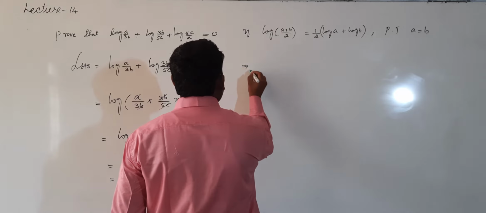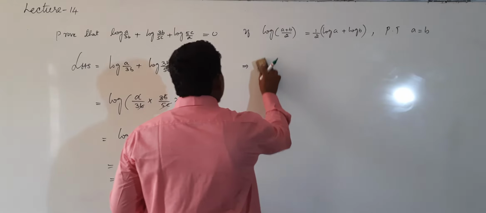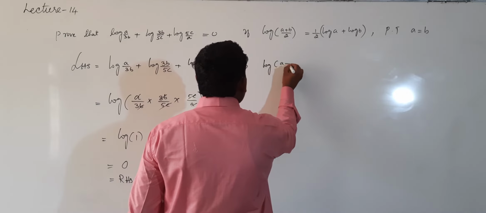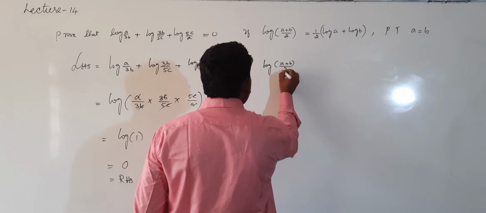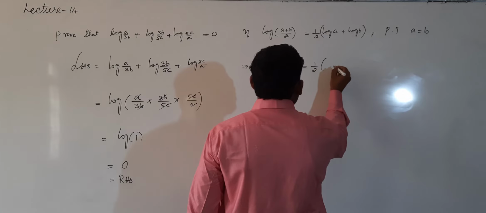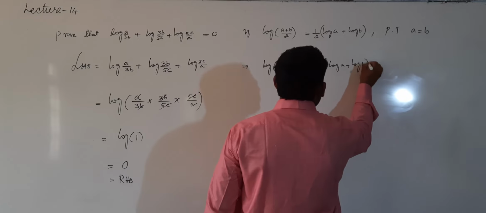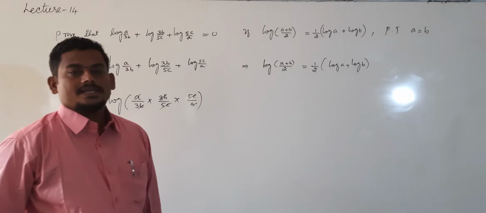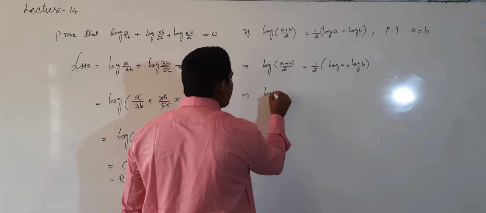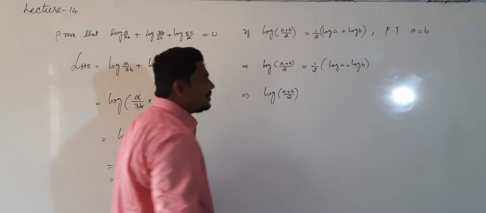Consider the given expression. What is given? Log of (a plus b) divided by 2 equals 1 divided by 2 times (log a plus log b). Use the logarithmic property. LHS remains as it is.